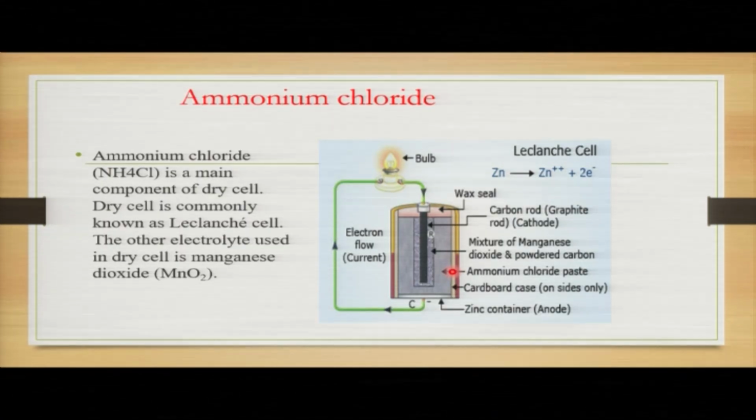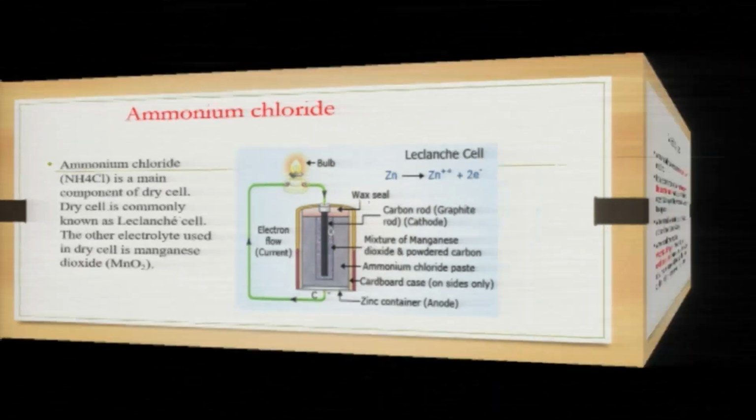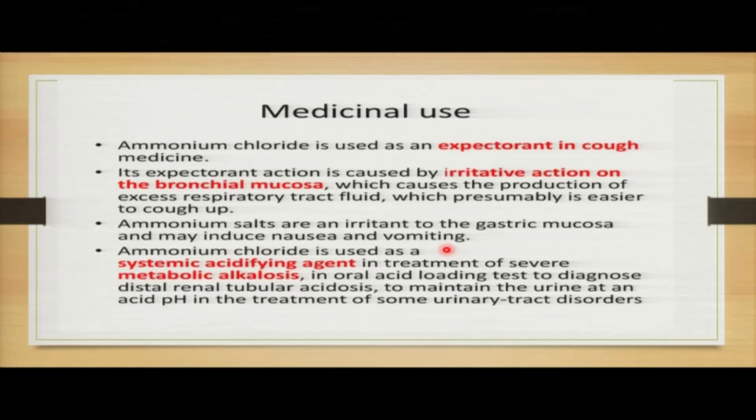The purpose of the electrolyte is to conduct the electric current. So this part that you look at here takes the bigger part of this dry cell, this ammonium chloride. That is one important use of ammonium chloride as a salt, as an electrolyte. It is also a salt.